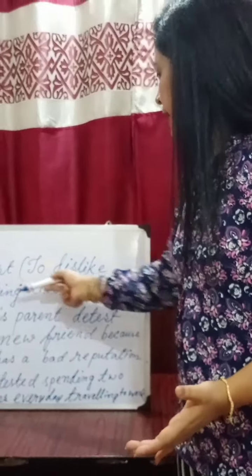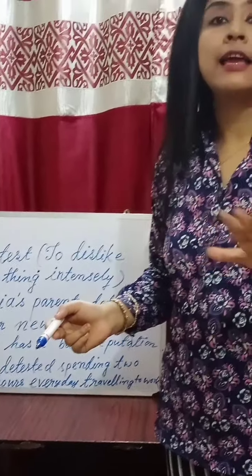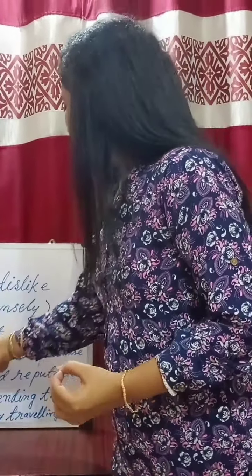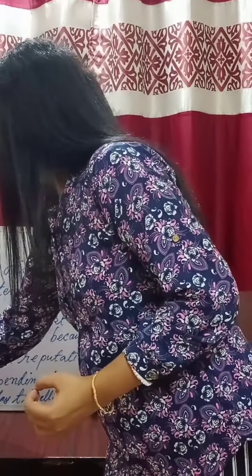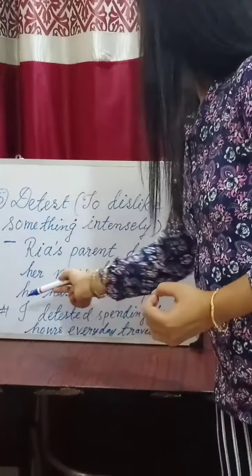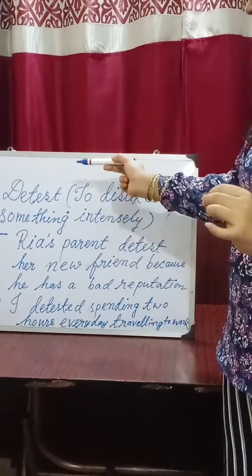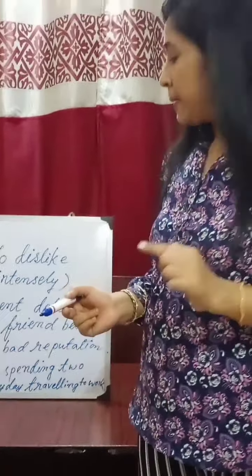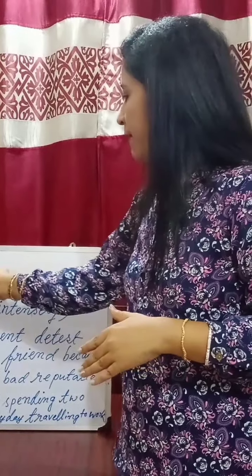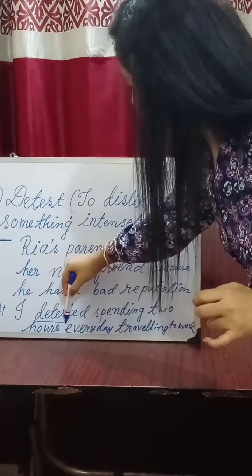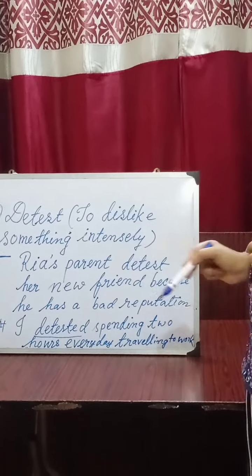So detest means not liking anything, to grow dislike for anything. We can frame another sentence after converting the word into past tense, detested. We have to put "ed" with the word detest.